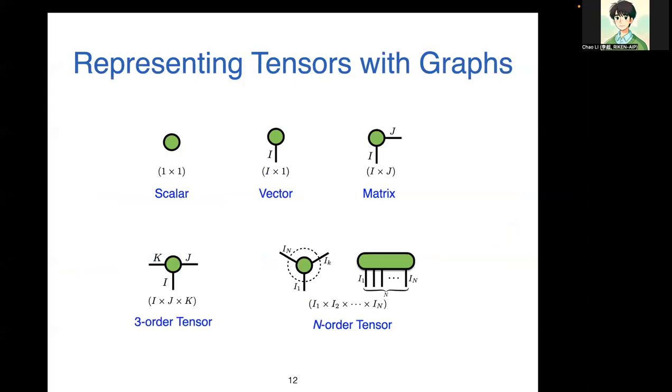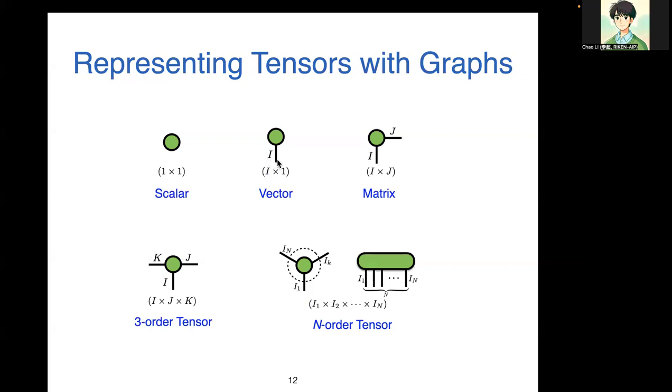In the framework of tensor networks, we borrow the idea from graph theory to model tensors and tensor contraction. Here's the trick. We use a node to represent a tensor and use the edge coming out of the node to indicate the mode. The labels on the edge tell you the mode dimension.